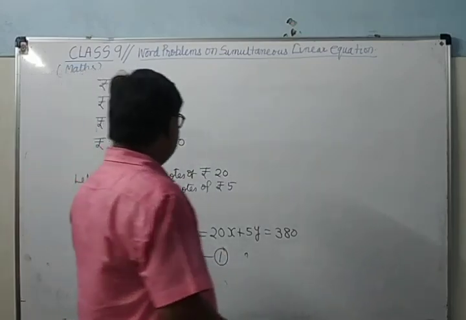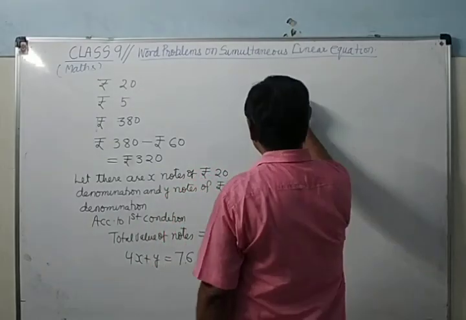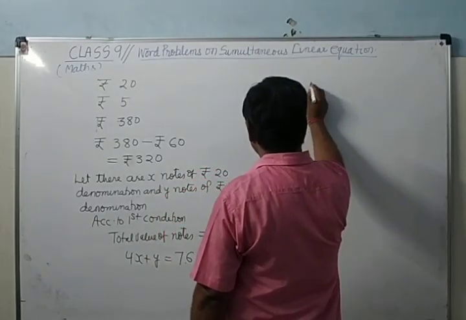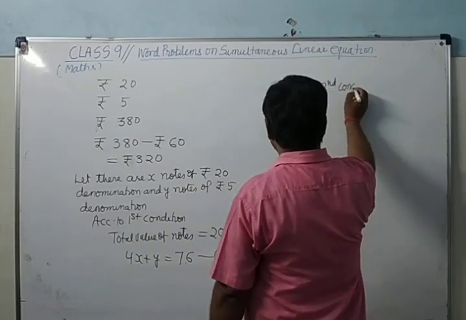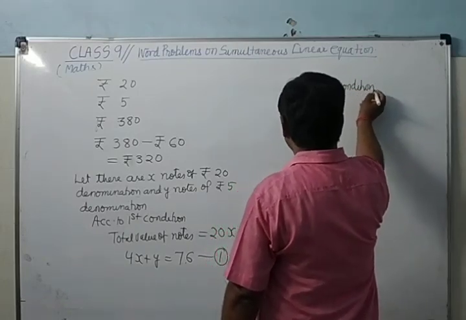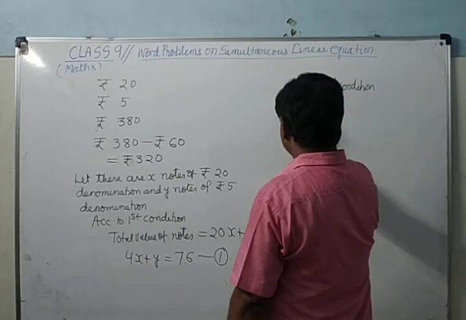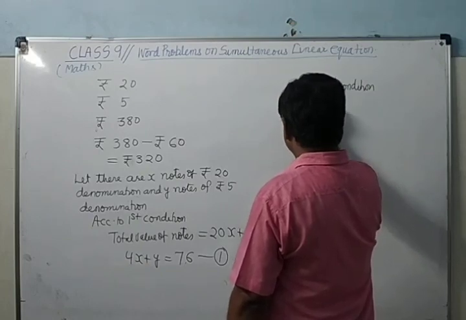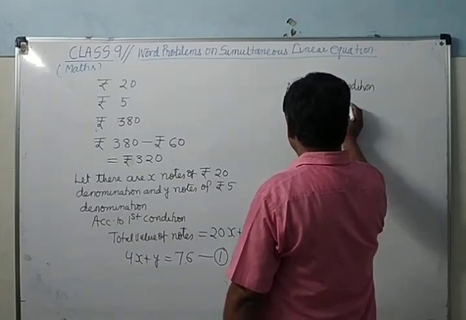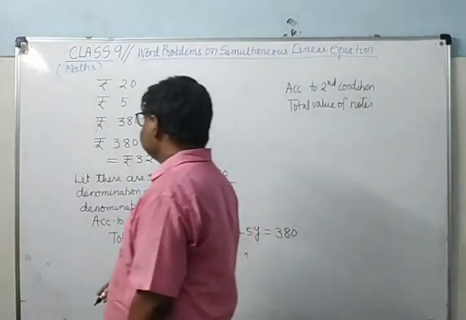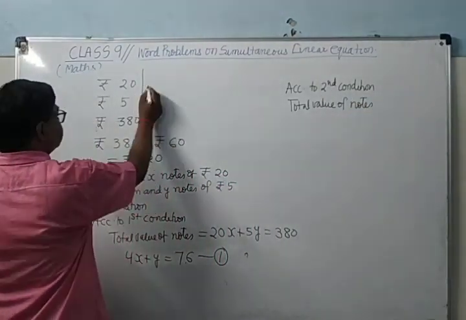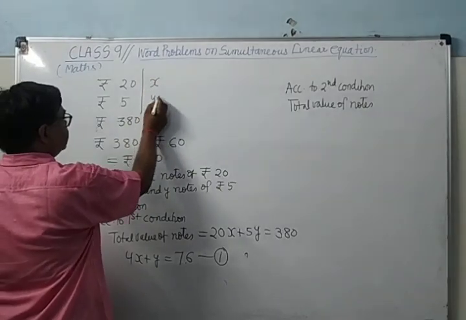Now, according to the second condition, what is the total value of notes? Earlier in the first condition there were X notes of 20 rupees and Y notes of 5 rupees.